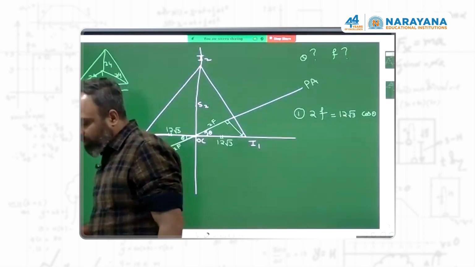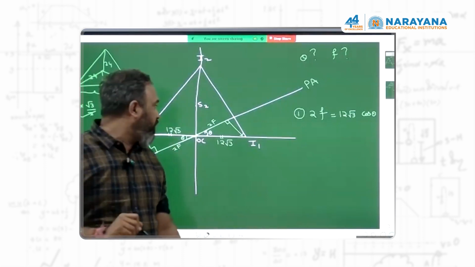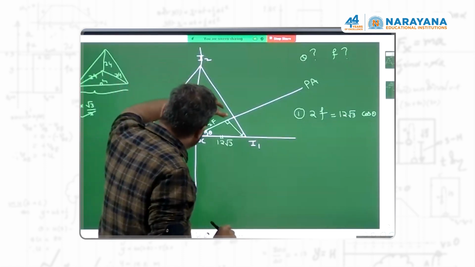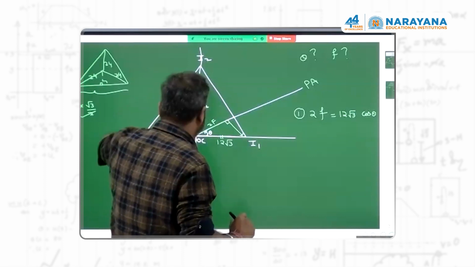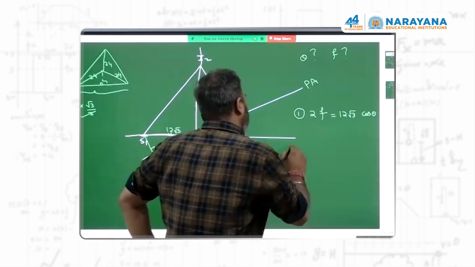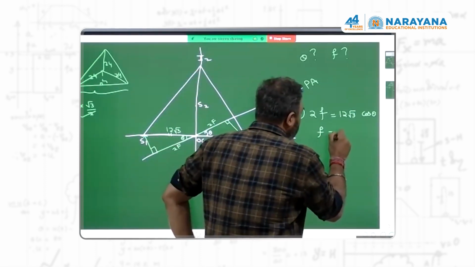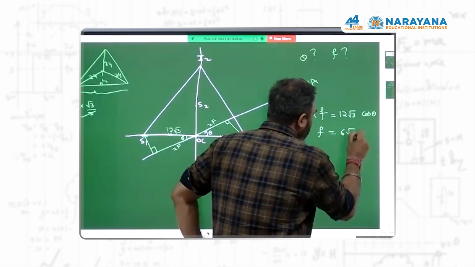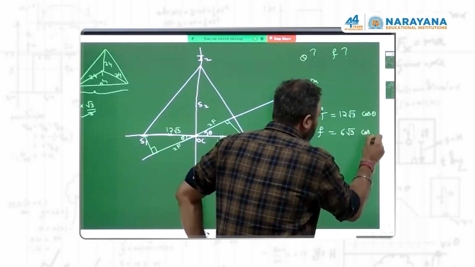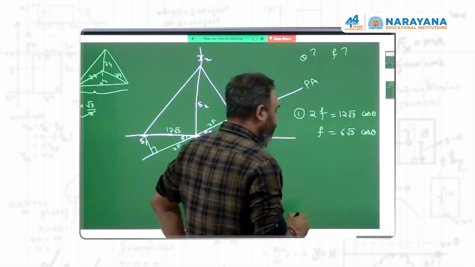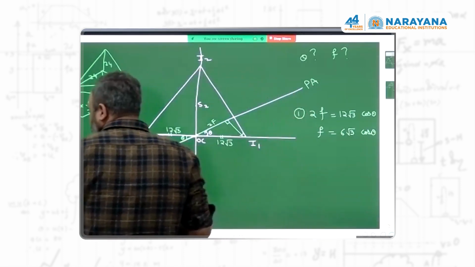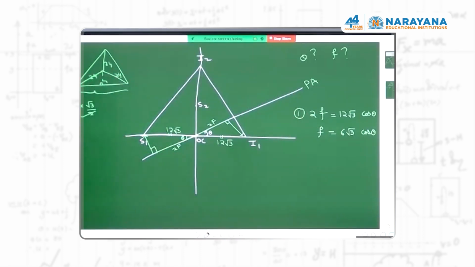But by virtue of this, I have got one equation that this 2f should be 12 root 3 cos theta. And that makes my f as 6 root 3 cos theta. That is equation number 1.